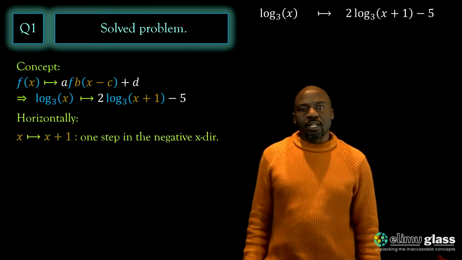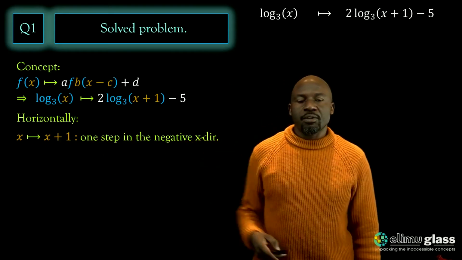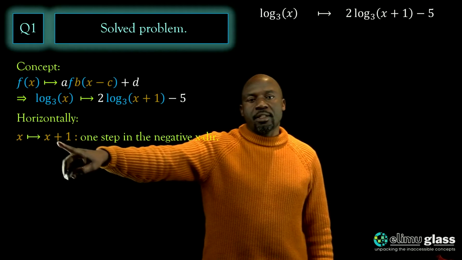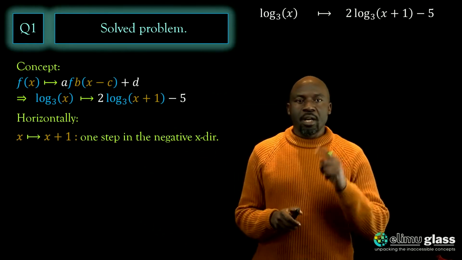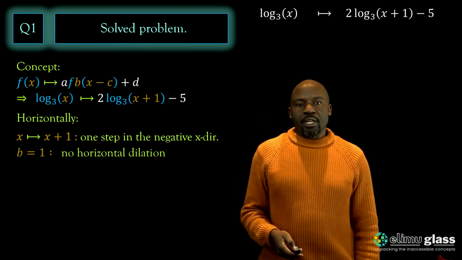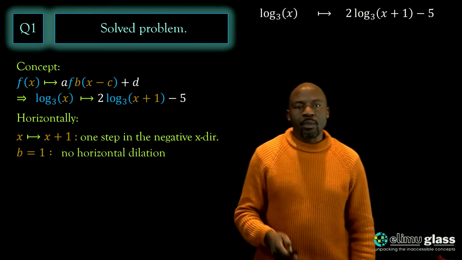So horizontally we can say that x maps onto x plus 1, which is to say one step in the negative x direction. This tells us that the graph has shifted in the negative direction an amount of 1. So b is 1, which means there is no horizontal stretching or compressing.